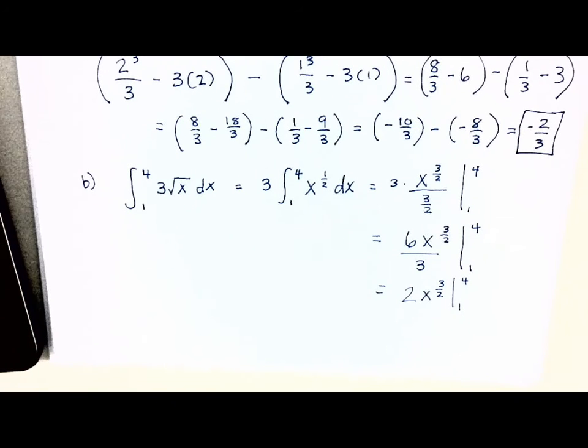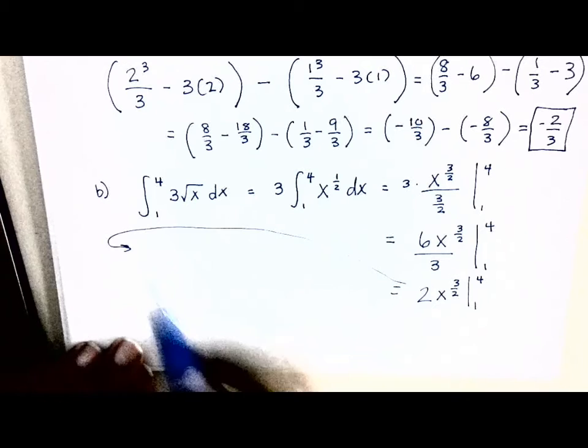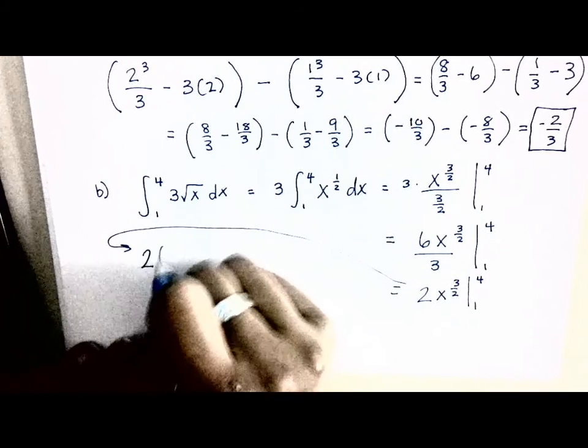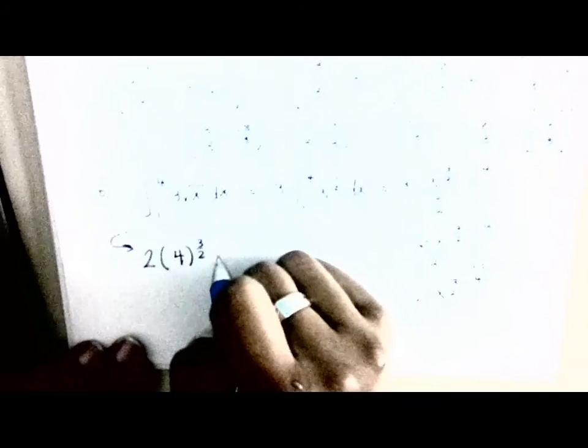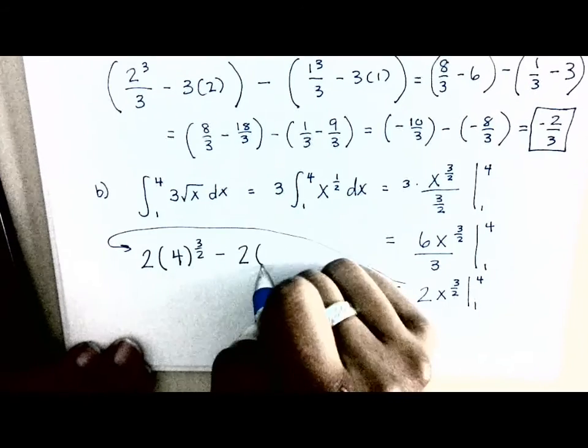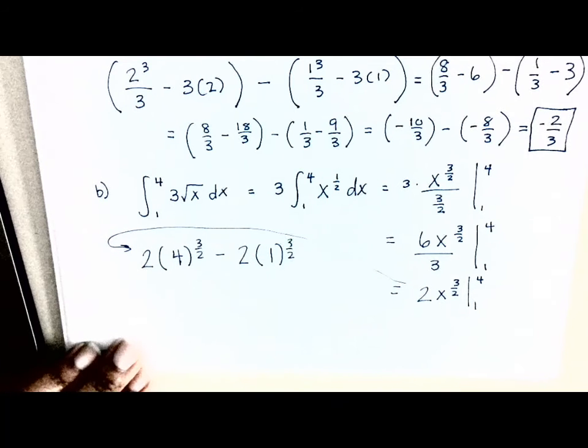So now I can just plug in 4 and 1, right? Okay, so I'm going to go over here and do that. So 2 times 4 to the 3/2 minus 2 times 1 to the 3/2. Now, remember 3/2 is the same as the square root of the number cubed.